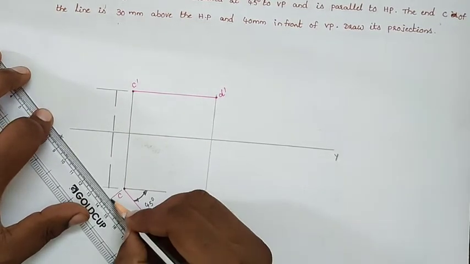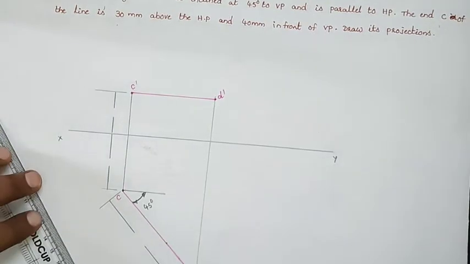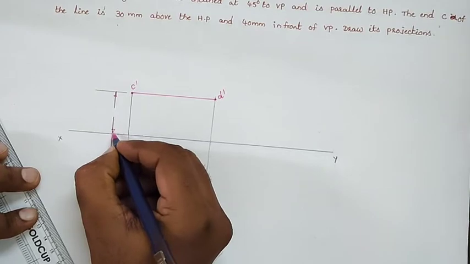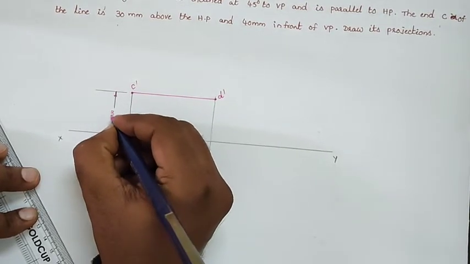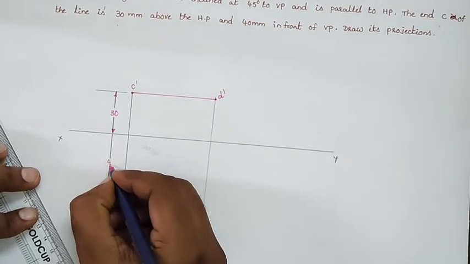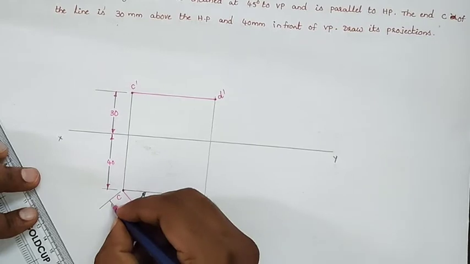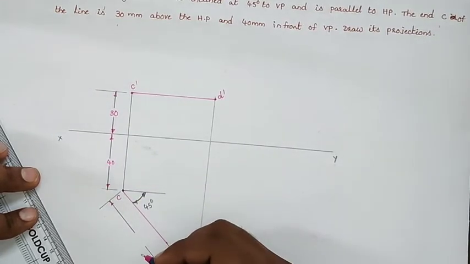True length of the line CD. We will give the dimensions. Point C is 30 mm above HP and 40 mm in front of the VP. So this true length is 80.